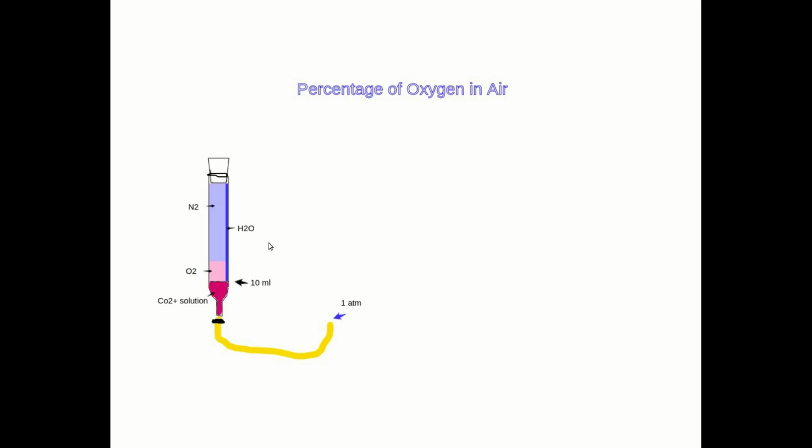Now we let the reaction begin, and the reaction will begin between the cobalt solution and the oxygen. As the reaction goes, the oxygen will be gone, so the pressure inside the gas burette will decrease.